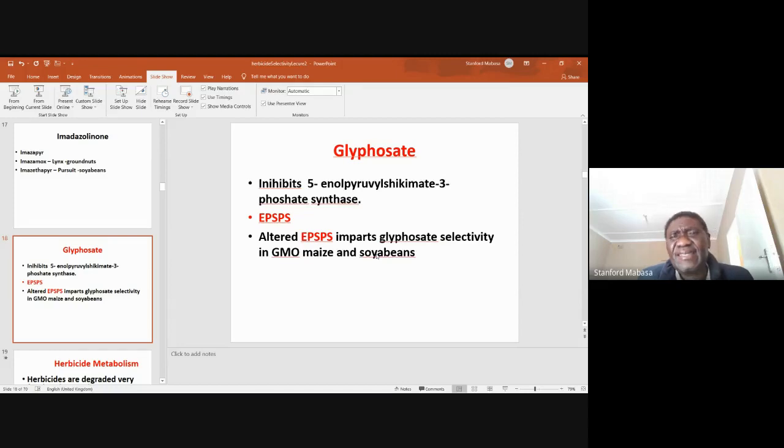Then the second thing is the activity of the enzymes, how they differ in grasses and in broad-leaved crops, which can also account for herbicide selectivity. So we have just talked about the enzymes. Now we're going to move in a different area. We want to talk about herbicide metabolism, how herbicide metabolism can result in selectivity.